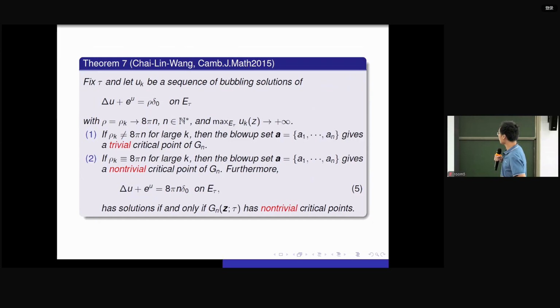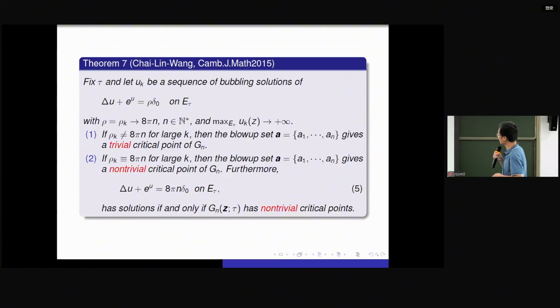For the general case, you want to see whether, when rho equals this number, this equation has solutions or not. Then it is natural to let rho converge to this number and to see whether the solution sequence blows up or not. If the solution sequence does not blow up, then you obtain a solution at this parameter.